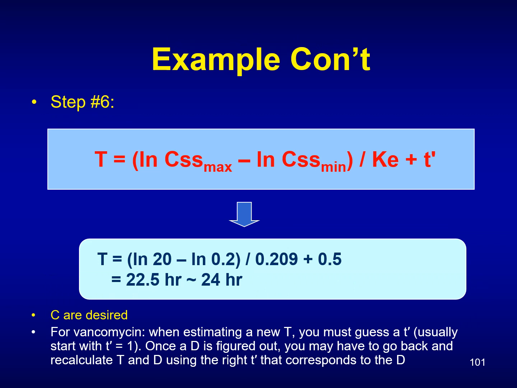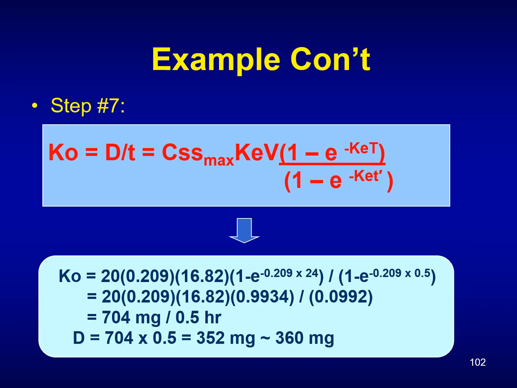Next, we need to come up with a new dosing interval for the patient's new regimen. To do that, we'd like to target our desired Cmax and Cminimum, but this time using the patient's actual Ke, which is 0.209. And so with that, the patient's new dosing interval is 22.5, rounded to 24 hours. So step 7 is to calculate the patient's dose using the K naught infusion rate equation, using the patient's desired Cmax concentration.